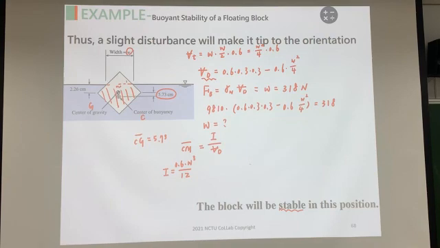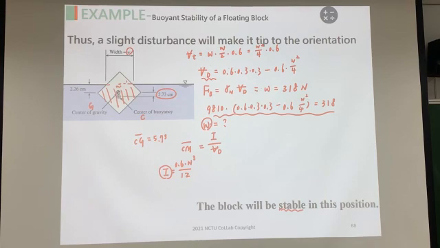Okay, and we know the moment. Because of the time limit, I just tell you, follow these equations, you can find out the W, right? And if you have the W, you can compute the second moment I.